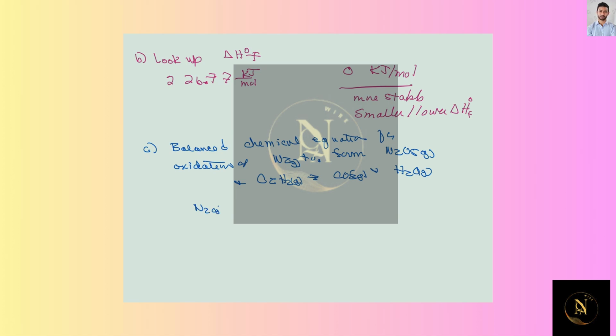N2 plus O2 to form, what did I say, N2O5. And I like to keep this 1, so I'll just go 5/2 and call that good.